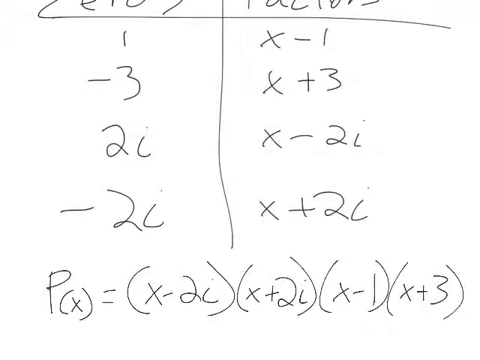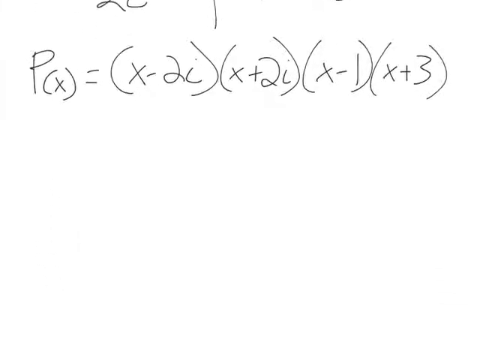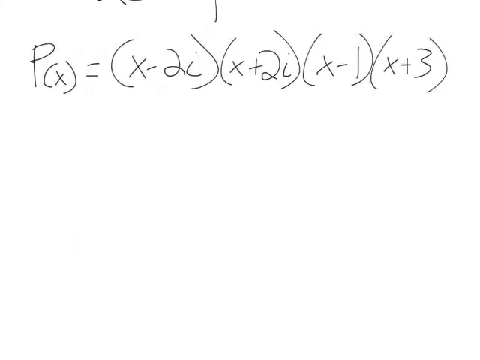If you want to do the multiplication for the first two together and the last two together at the same time, you can. I'm going to take it one thing at a time as I go through. Now the two imaginary conjugate factors are going to give me x squared plus 2ix minus 2ix minus 4i squared.